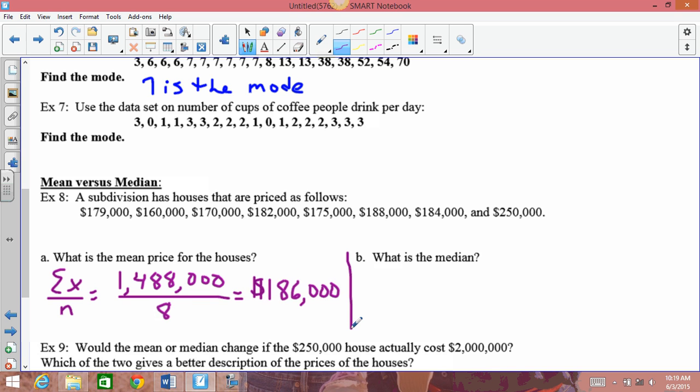Part B then wants, okay, what's the median of this data? Alright, so remember, going back and looking at your data, hopefully you recognize the very first thing I need to do to that data, put it in order. It is not in order.